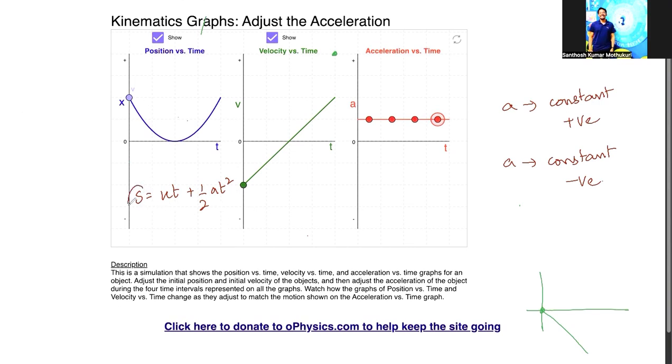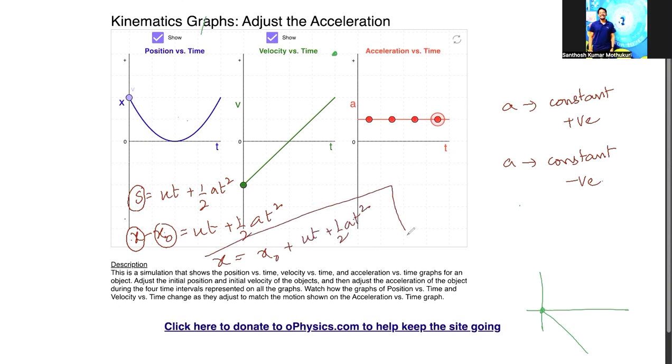Now the displacement is the change in the position, so x minus x naught, where x is the final position and x naught is the initial position, equals initial velocity times t plus half at squared. Now x will be x naught plus ut plus 1 by 2 at squared. This is exactly in accordance with this parabolic equation.